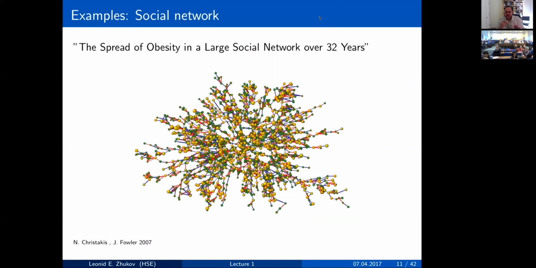The point of this slide is that in the longitudinal study, the scientists showed that obesity can spread as epidemics, right? So if you have all obese friends, there is actually a pretty high chance you're gaining weight. So it's not only about your genes. It's also about the people who surround you. It's a behavioral property.